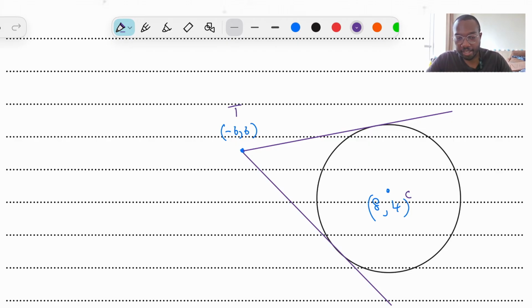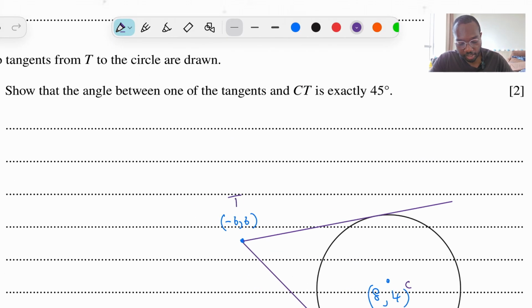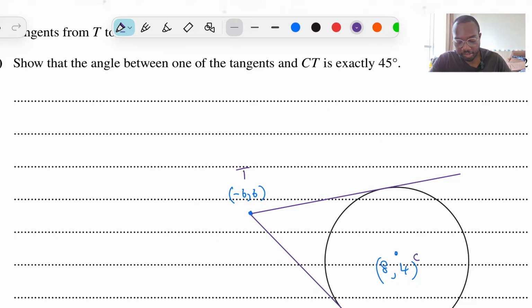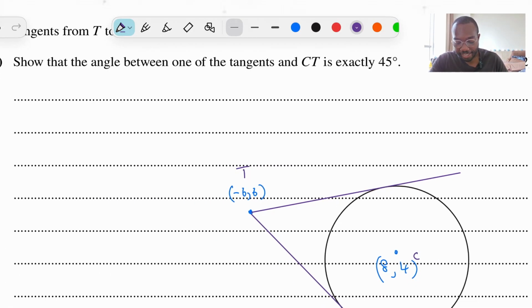Then what they're saying is that it has to be the angle between one of the tangents and CT. That must be exactly 45 degrees. So if I just draw the triangle, we know that if I draw a straight line like here, there is a right angle there.